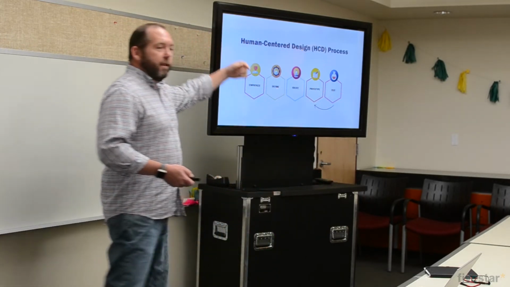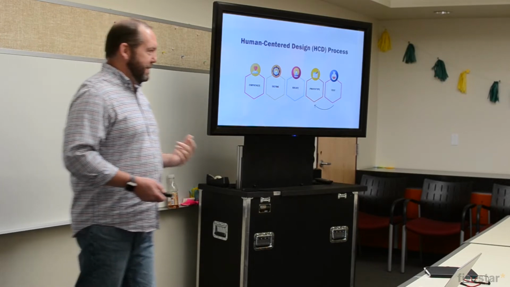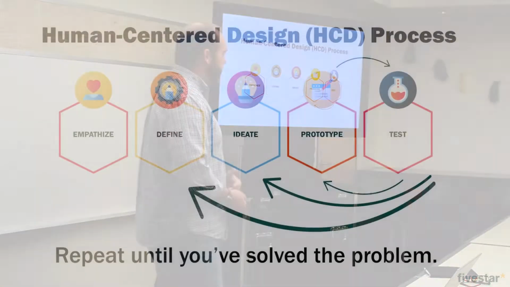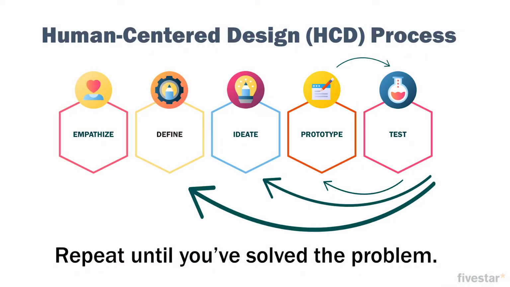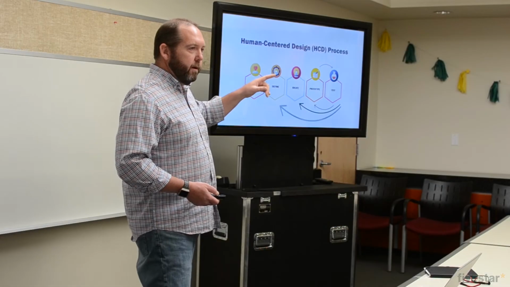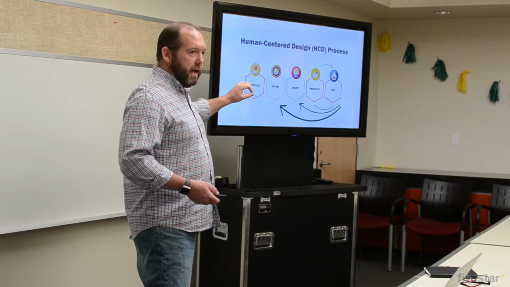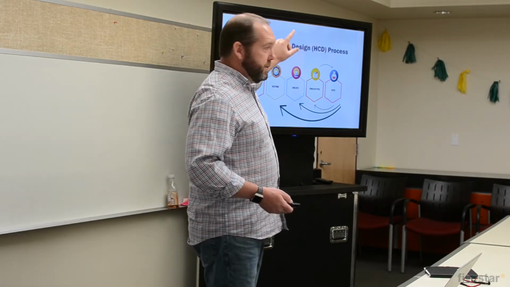And when they test, we're going to get feedback. We should really, as designers, anticipate that we're not going to get it right the first time. We get this into the users' hands, we get feedback from the users, we return, maybe we go back and prototype again, and then we test again. Maybe we find that the solutions that we thought about weren't correct or weren't applicable. Maybe the problem isn't the problem.